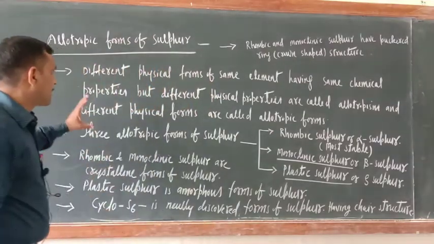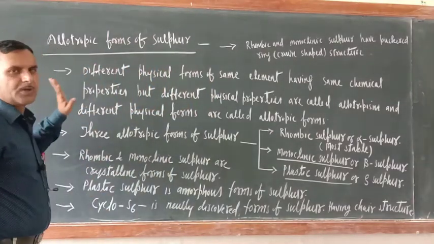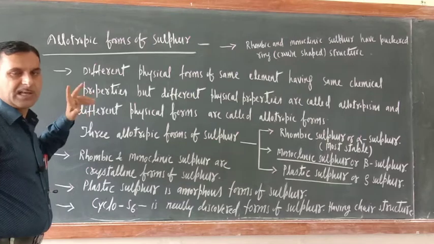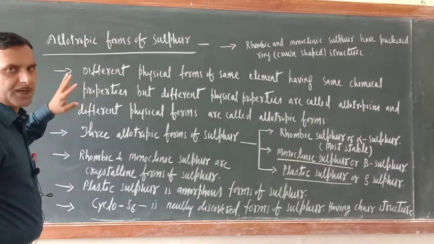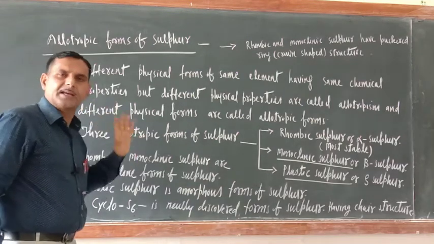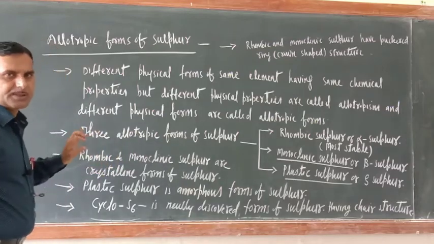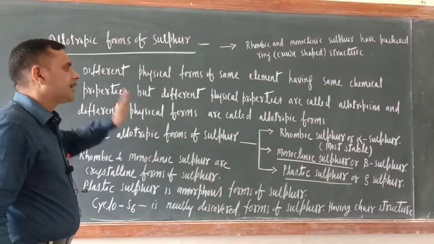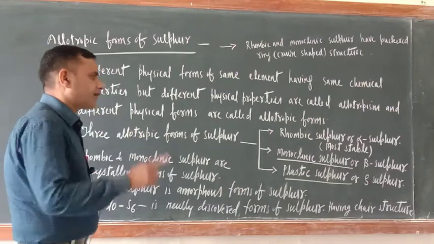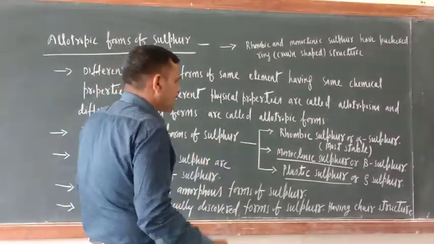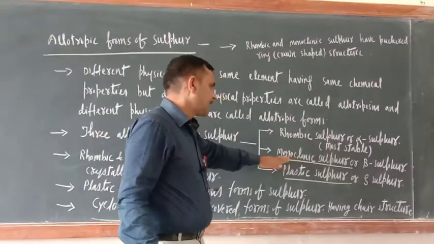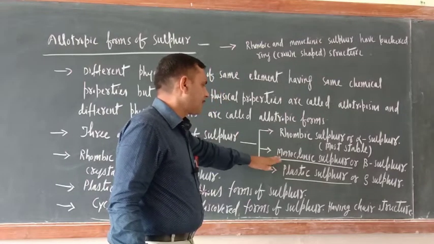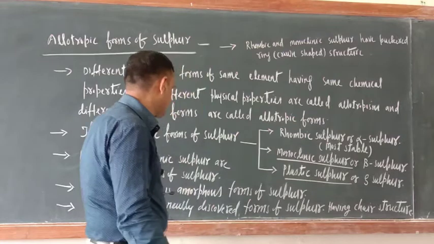Just try to understand: in phosphorus also there were three allotropic forms, black, white and red phosphorus. Similarly here also three allotropic forms are there. Rhombic sulfur is the most stable, the second is monoclinic sulfur, and the third is plastic sulfur.